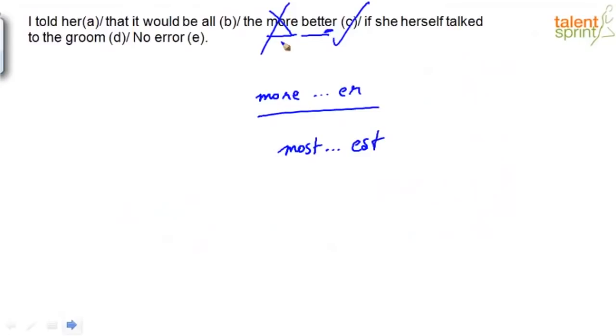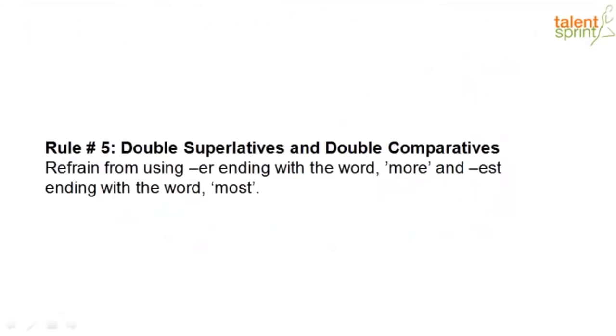All the better if she herself talked to the groom. Are you following? So that's rule number 5. Okay. So rule number 5, double superlatives and double comparatives. So basically it's saying refrain from using ER ending with the word "more" and EST ending with the word "most," right? Rule number 6, avoid double negatives.